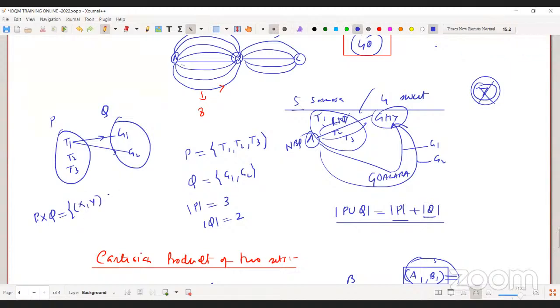Now you tell me what is the order of P cross Q. How many elements are there in this set?